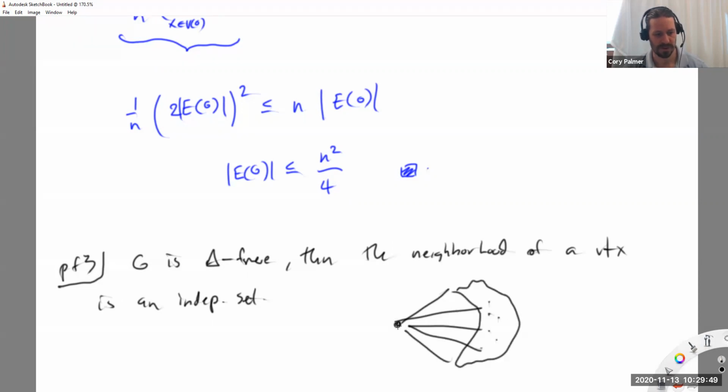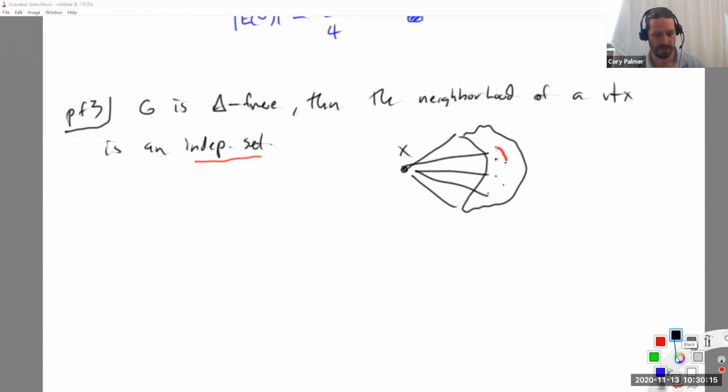So these are all the vertices joined to X by an edge. And that neighborhood is independent. If I have an edge in here, then that's a triangle: two vertices whose common neighbor is X, since X goes to everything here. So if there's an edge there, you have a problem. So the neighborhood of a vertex is an independent set. There are no edges inside of there.